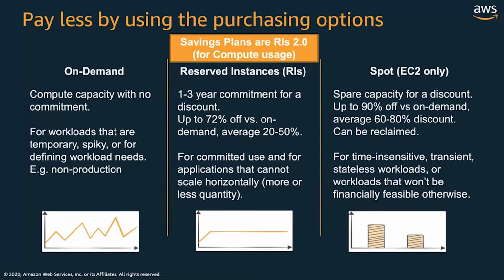So spot is spare capacity in AWS's infrastructure at any point in time. Spot has a market price. That market price can be up to 90% less than the on-demand price. So if we look at on-demand, reserved instances up to 72% less, spot can be up to 90% less.